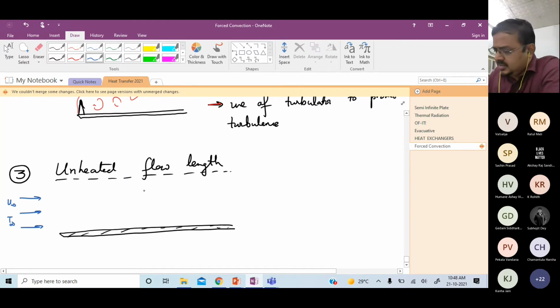But I may decide that I am going to heat this plate. This is TW greater than T infinity. This is TW equal to T infinity. So there's an unheated portion before, and I'm going to denote it as zeta.